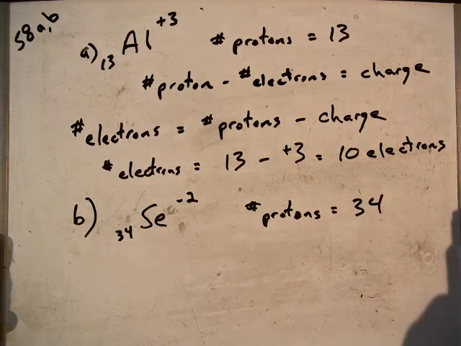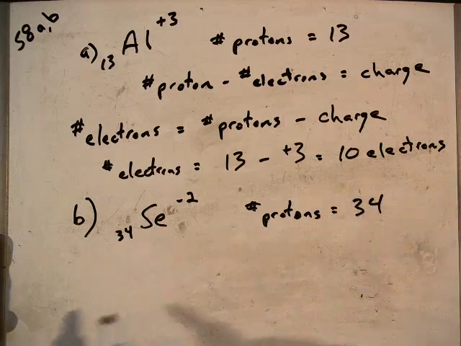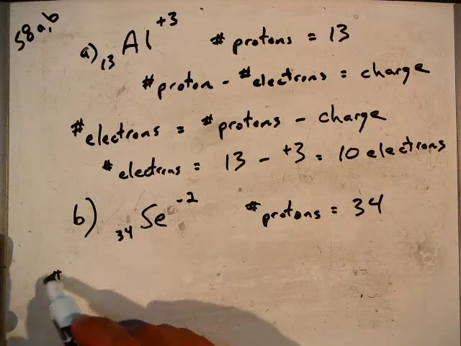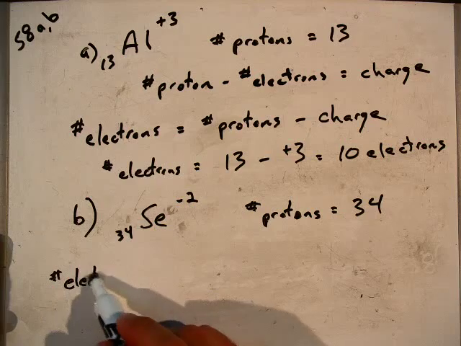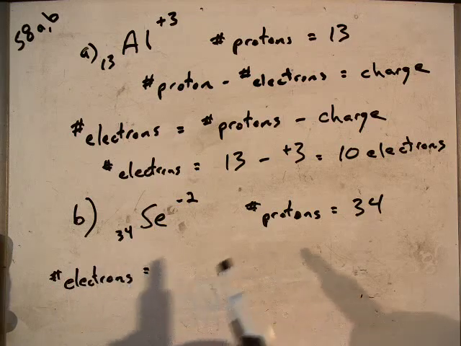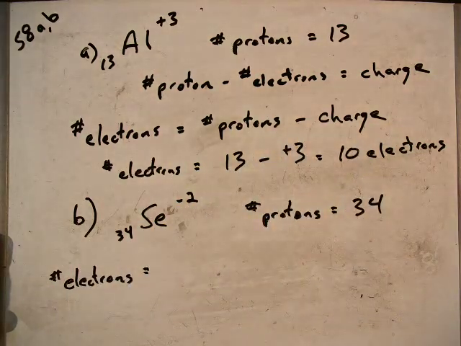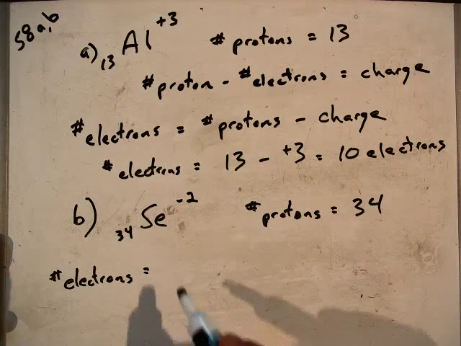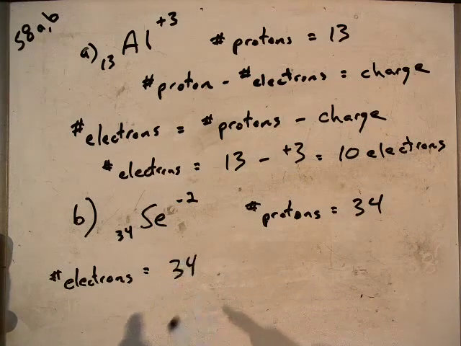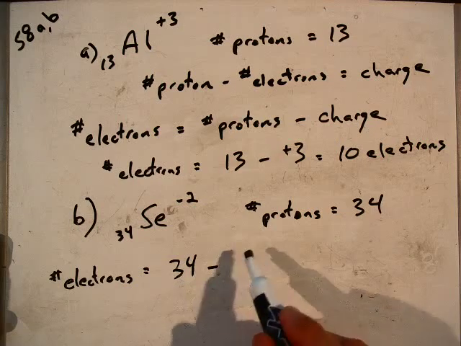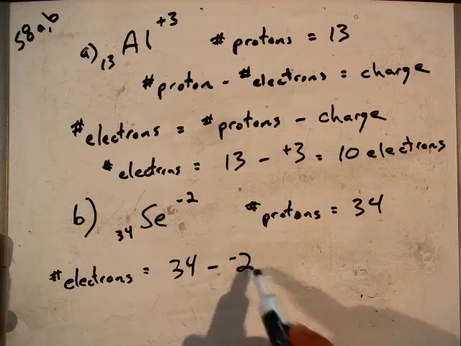So we have 34 protons, and then we're going to use the same equation above, that the number of electrons is going to equal the number of protons minus the charge. So we have 34 protons minus the charge. What is the charge? It is minus 2.